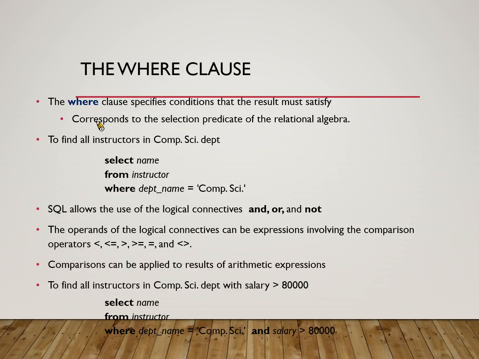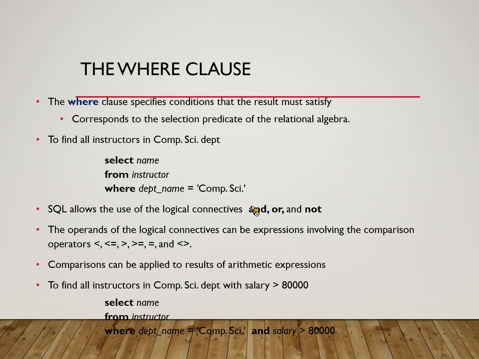As to the where clause, the where clause specifies conditions that the results must satisfy. It corresponds to the selection predicate of relational algebra. To find all instructors in the computer science department, we can have a where clause, followed by the keyword where, the attribute department name is equal to computer science.